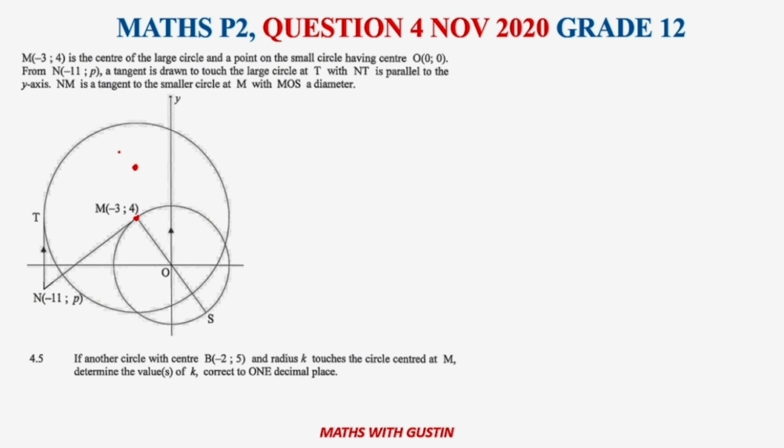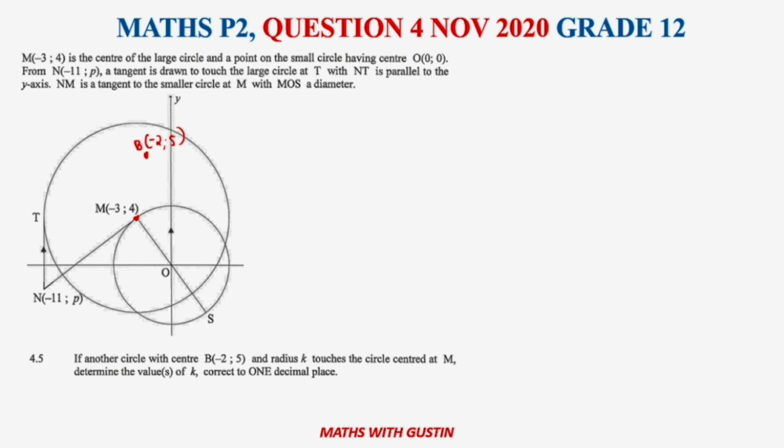Let me try to put it somewhere a bit realistic: negative 2 on the x-axis somewhere there, and 5 somewhere here. Determine the k value correct to 1 decimal place.